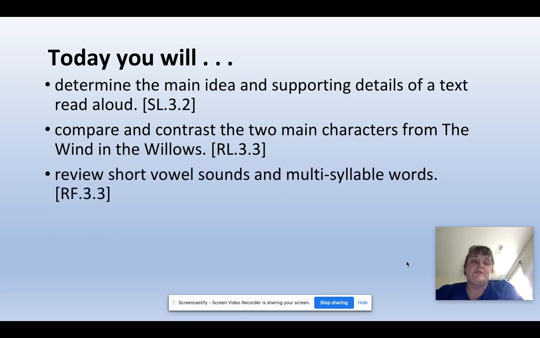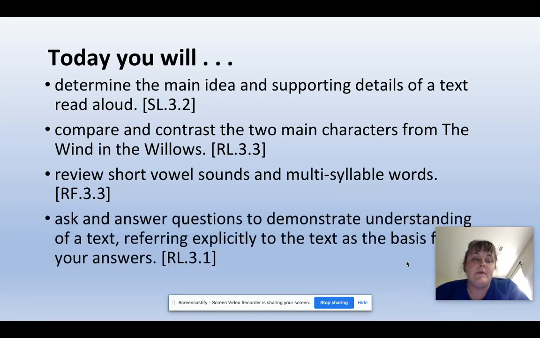In the foundational skills with Miss Goodman, you're going to review short vowel sounds and multi-syllable words. And then later, you're going to ask and answer questions to demonstrate understanding of a text, referring explicitly to the text as the basis for your answers. This just simply means when you're given a question about your reading, you go back to the text and you find answers to support your thinking.